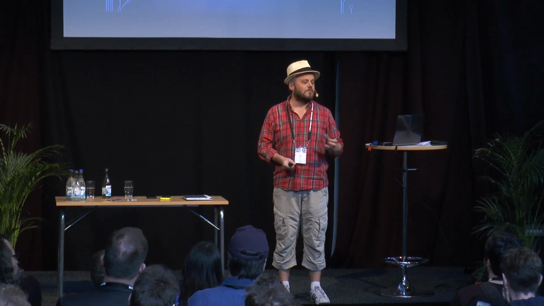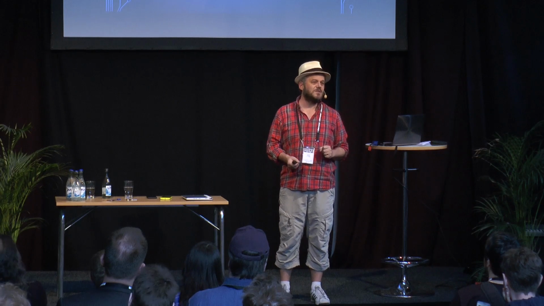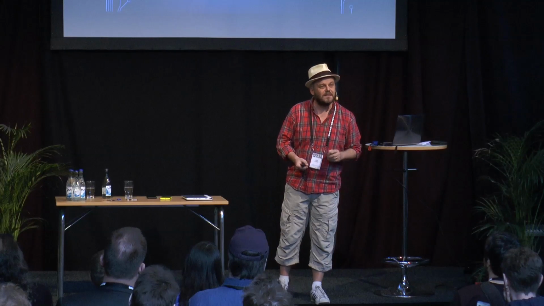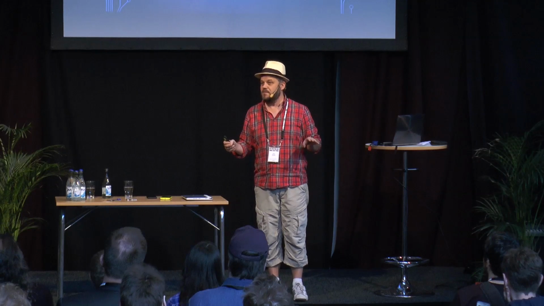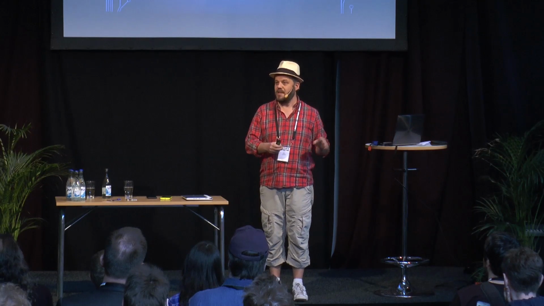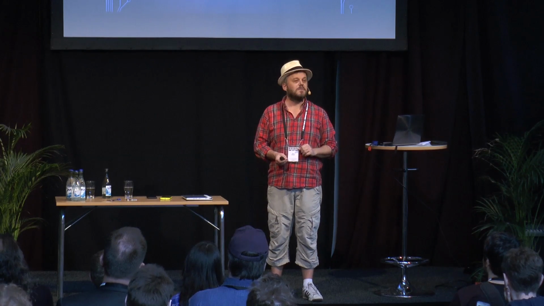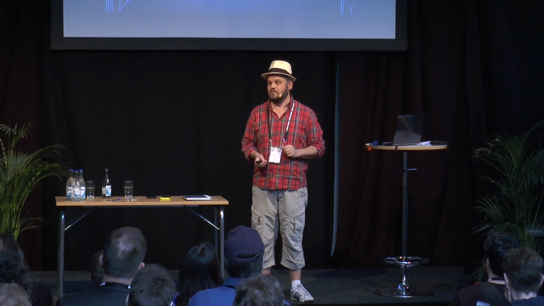Before we talk more about Windows 8 and Windows Phone, we need to see that there are some small differences between the Windows 8 and Windows Phone platform. The first thing is it's the same operating system. It's Windows 8 on both platforms. But it's not the same API on every level. And that's why you need to compile your games, one for Windows 8 and one for Windows Phone.